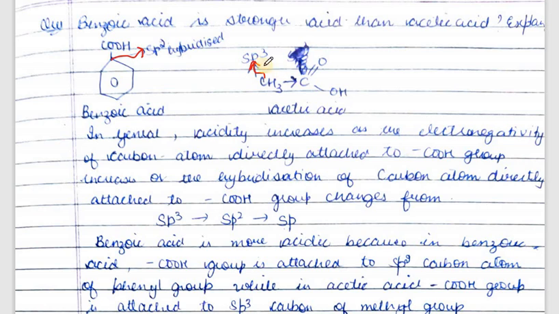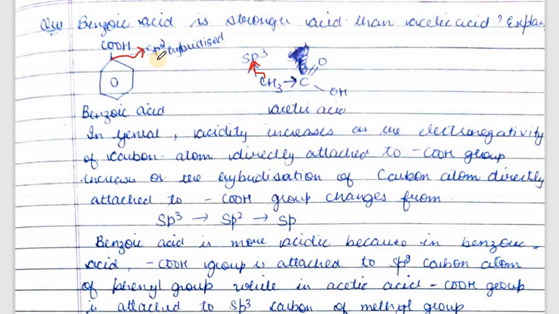So this carbon has more s character, 33%, and in acetic acid it has less s character, 25%. In general, acidity increases as the electronegativity of the carbon atom directly attached to the COOH group increases.